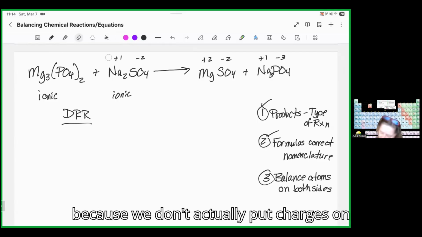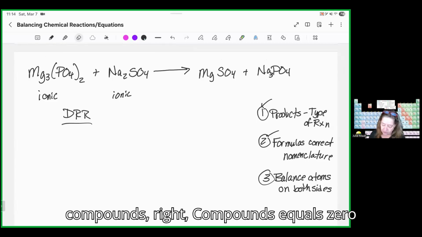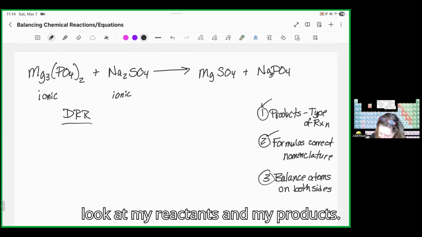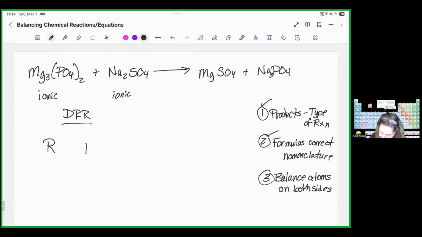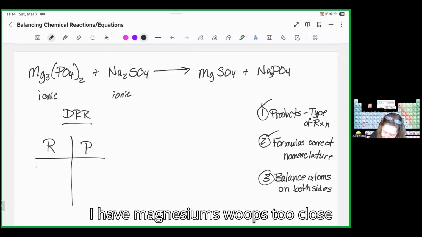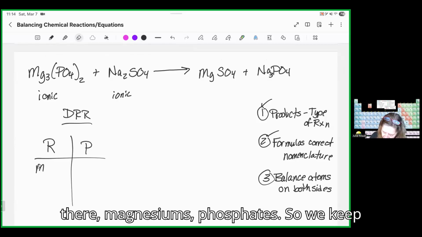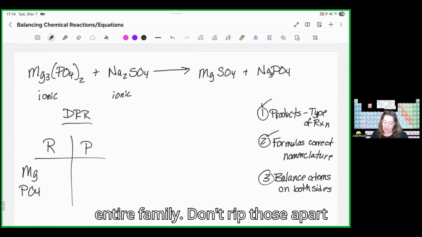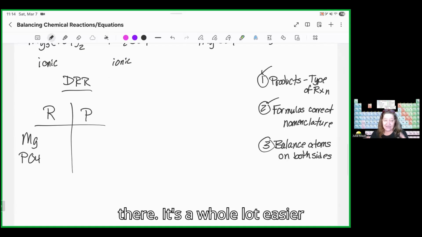Compounds equal 0 charge. Now if I look at my reactants and my products, I have magnesiums, phosphates, so we keep those polyatomic ions together as an entire family.